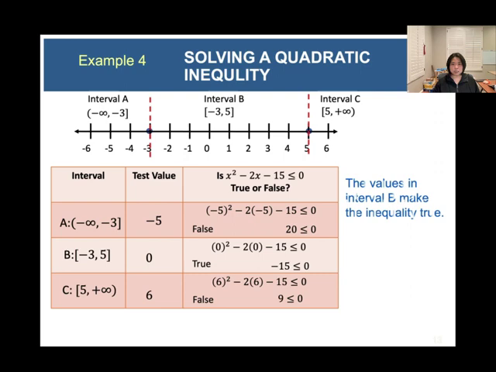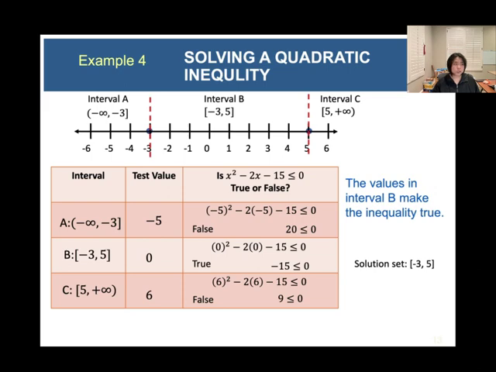So you could see the values in interval B make the inequality true. So we only have the solution on interval B here, and our solution set will be bracket negative 3 to 5 bracket. This is the only solution that we have.